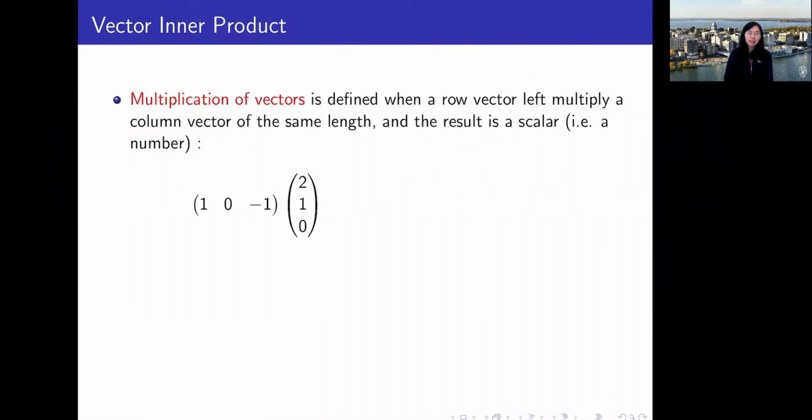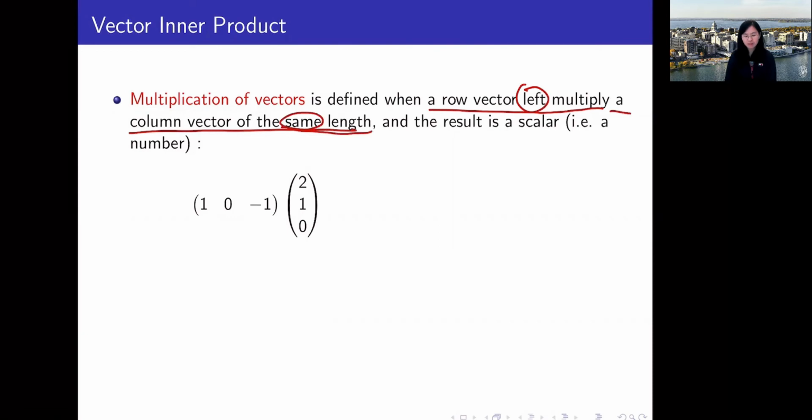Now, we not only can multiply a scalar to a vector, you can also multiply a vector to a vector. But you have to be careful which vector is put on the left and which vector is put on the right. So multiplication of vectors can be defined in two ways. The first way is when a row vector left multiplies a column vector of the same length.